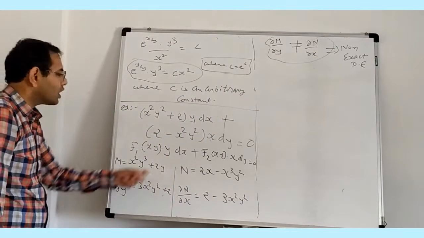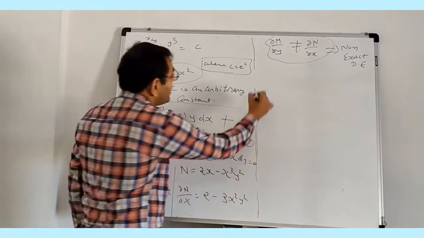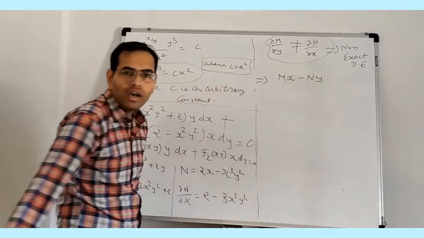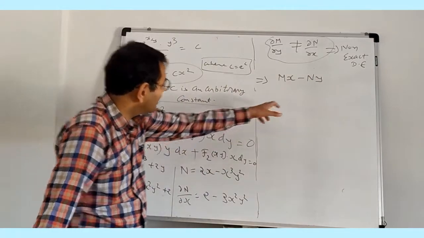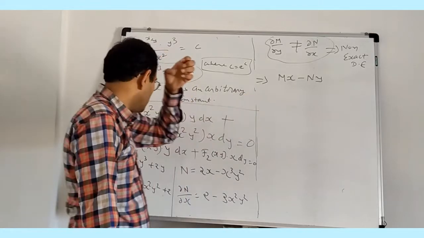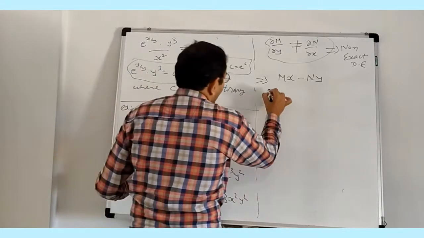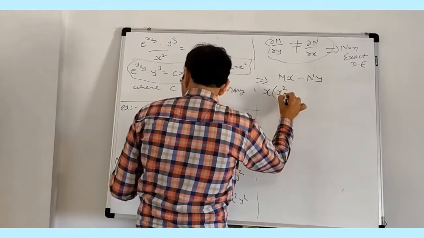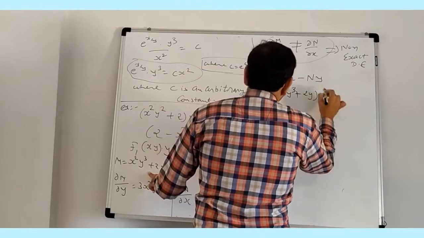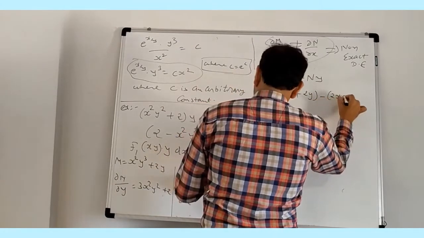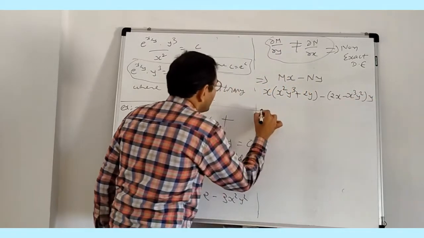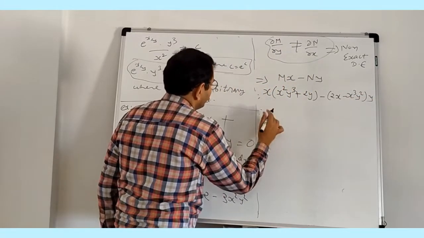Then according to case 4, we first find Mx minus Ny, and that answer must be not equal to 0. Multiply M with x, and the value of N is 2x minus x cube y square, which is multiplied with y. Simplify that term.